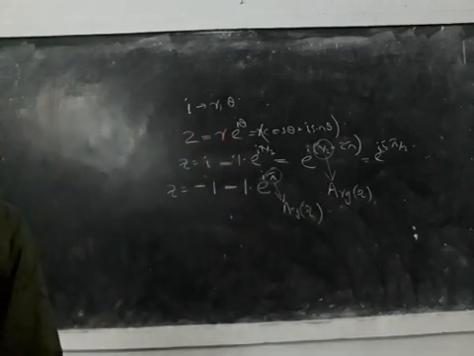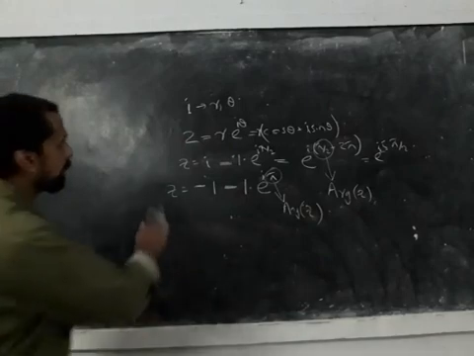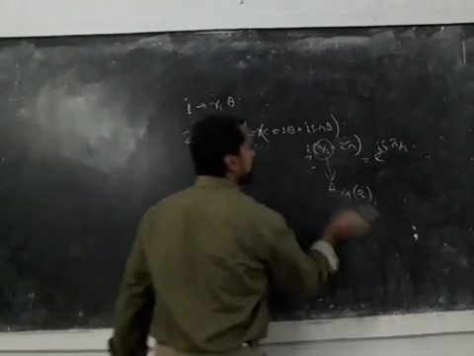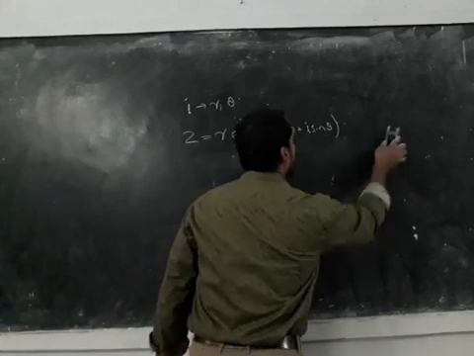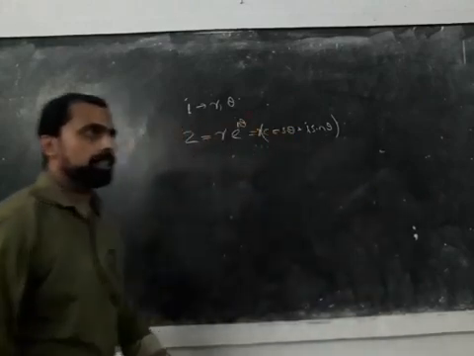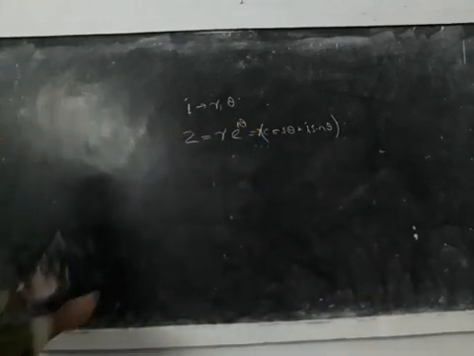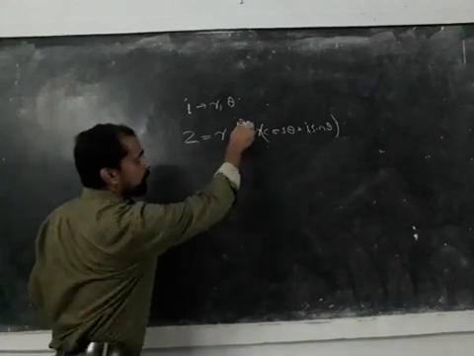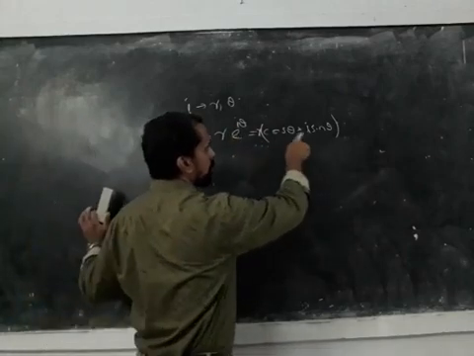Okay, now we can make another identity like this. That identity is called De Moivre's theorem. z is equal to r e raised to i theta, so equal to r times cos theta plus i sin theta.